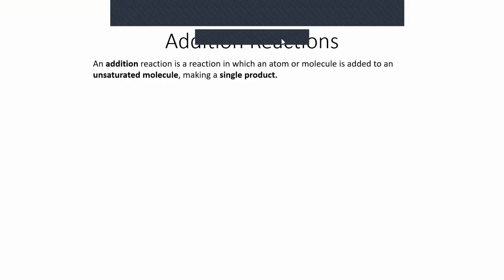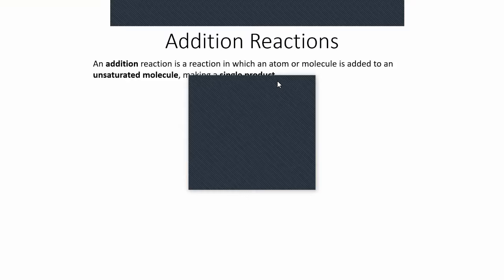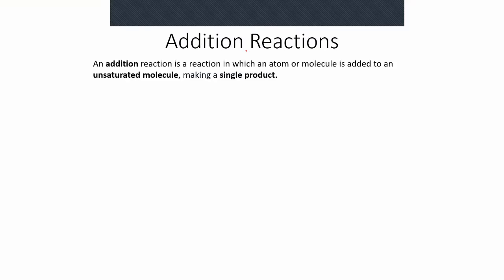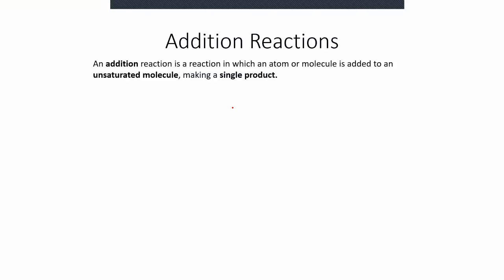An unsaturated molecule is a molecule which definitely has a double bond or a triple bond between its carbon atoms. I need to make this clear. It's unsaturated. Why? It's got a double bond or a triple bond within the carbon atoms.